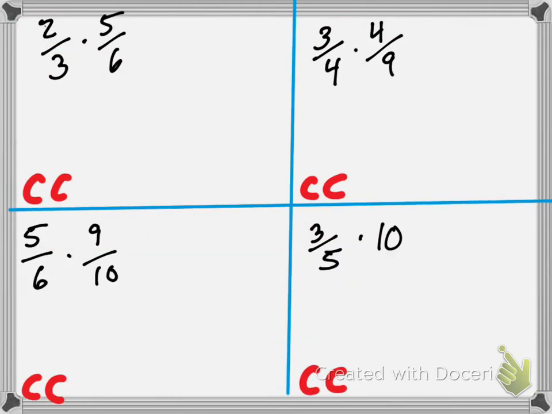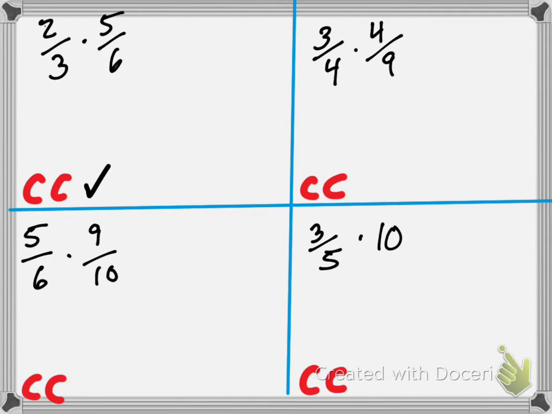So I want you to look at these. I want you to determine if you can cross cancel each one of these first. And then we'll go over it together. Harut, for this first one, can I cross cancel anything? Yeah. What can I cross cancel? 2 and 6. Perfect. They're both divisible by 2.